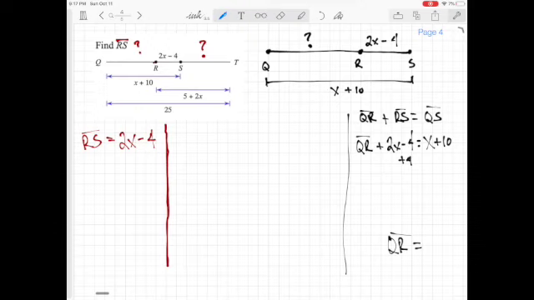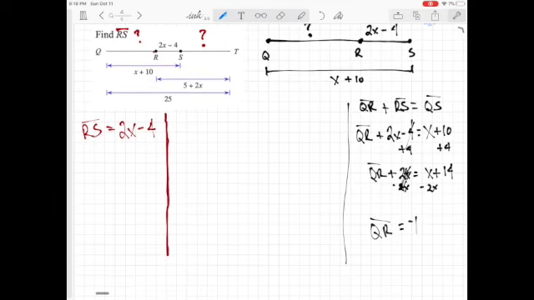I'm going to add 4 to both sides. So this cancels out, and now we've got QR plus 2x equals x plus 10 plus 4, which is 14. Then I'm going to subtract 2x on both sides. x minus 2x gives me negative 1x plus 14.